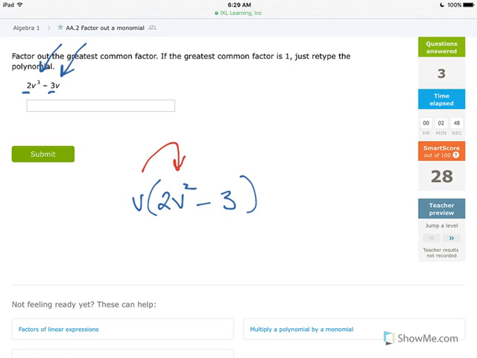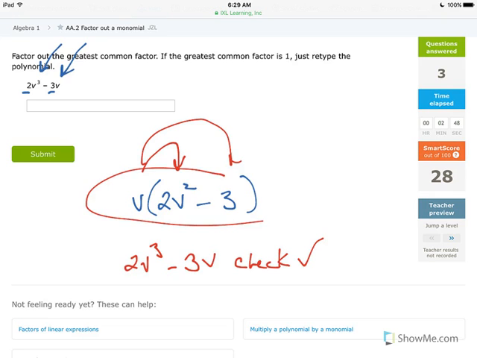V times the 2v squared should get you the 2v cubed, minus v times the 3 should get you 3v. So this checks out. So this is going to be your factored form, and that's what you're going to put into the answer box.